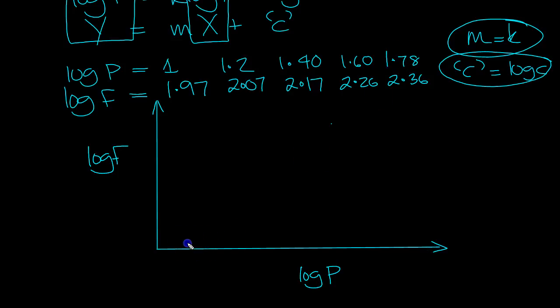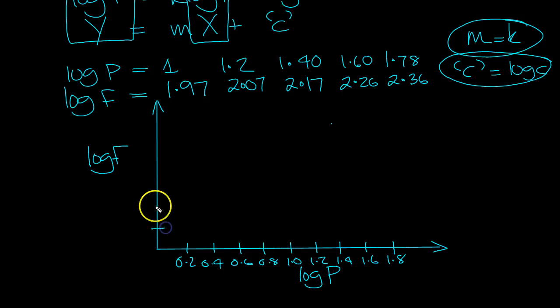So 0.2, 0.4, 0.6, 0.8, 1, 1.2, 1.4, 1.6, 1.8, and that would be log p, and then log f goes up to 2.36. So 0.4, 0.8, 1.2, 1.6, 2.0, 2.4.